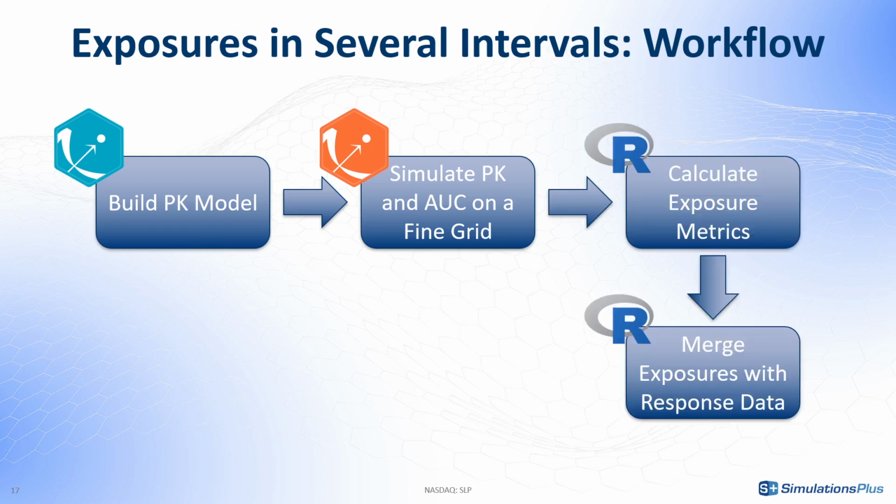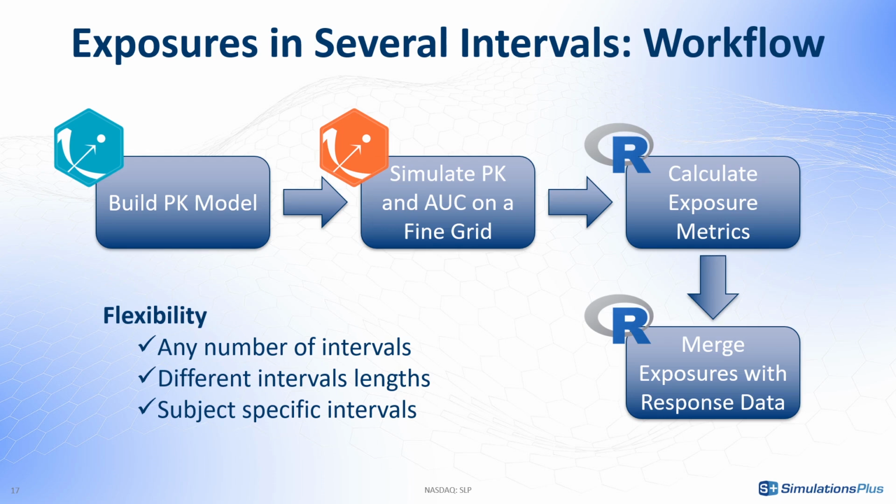Then I'm going to read the results of the simulation in R, calculate exposure metrics, and then merge the results with the response data. This method is highly flexible and it allows us to define the interval length, different number of intervals, and even use individual specific intervals if needed.